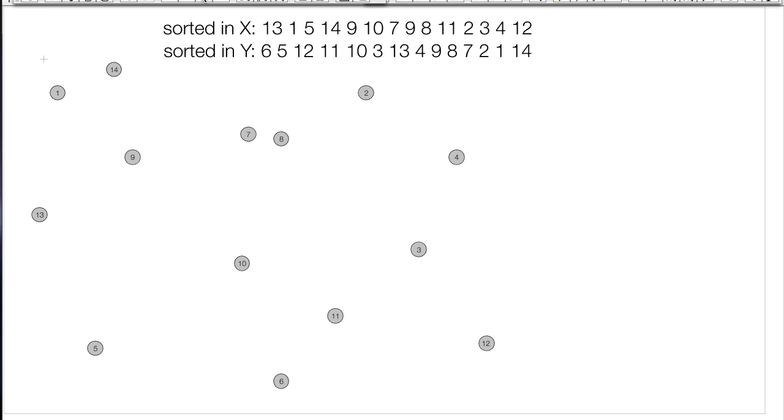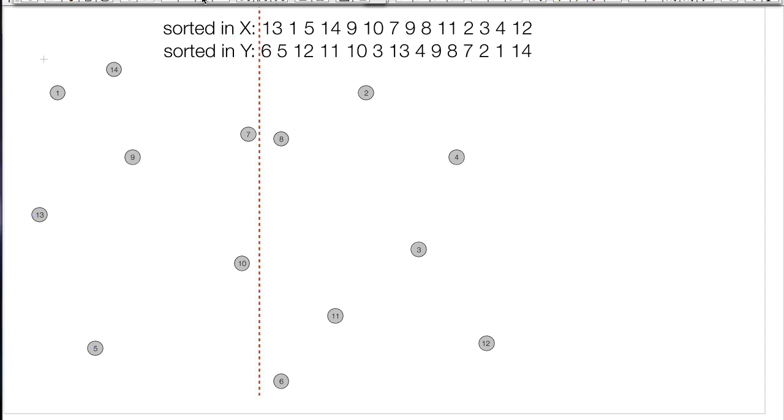In this case, before we start our divide and conquer algorithm, before we do anything, we're going to sort all the points in X order. So there we get 13, 1, 5, 14, 9, etc. We're also going to sort all the points in Y order. Okay?